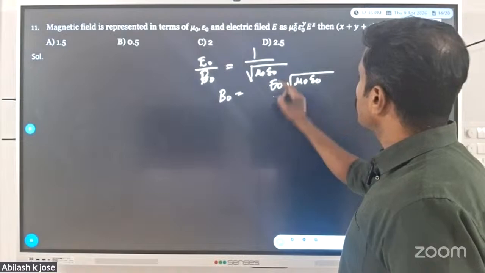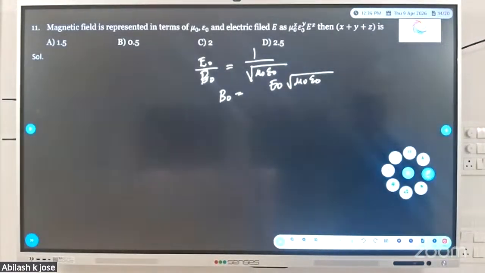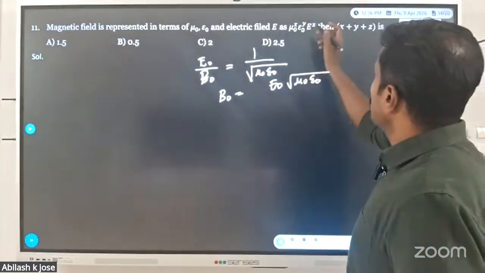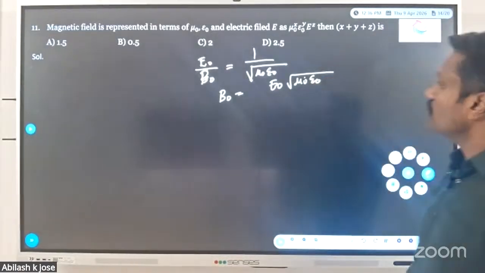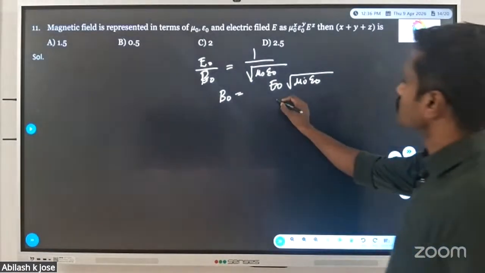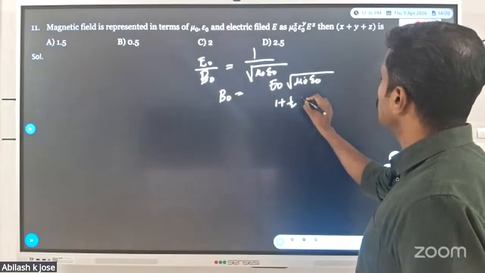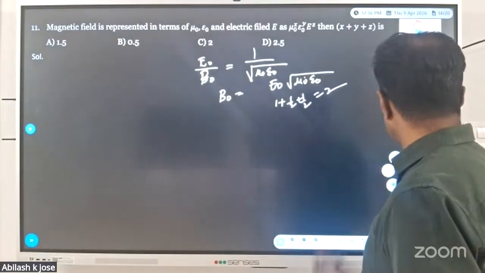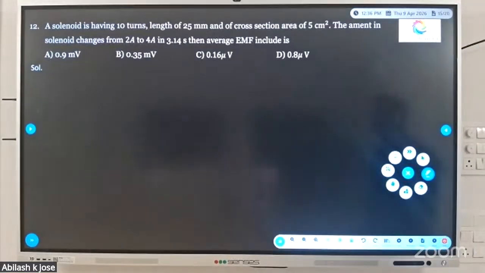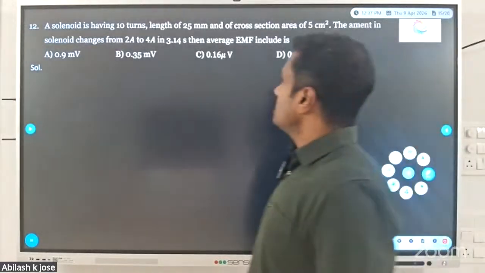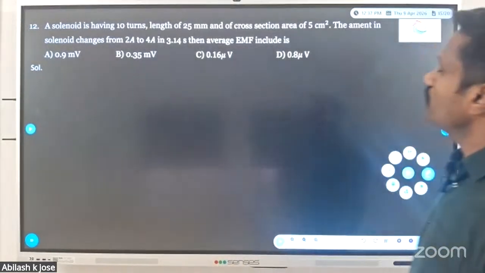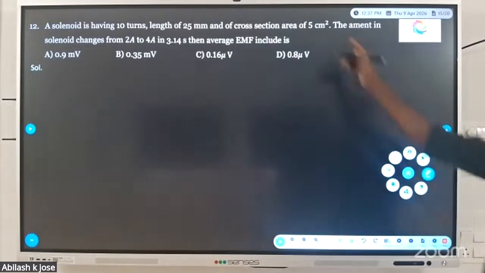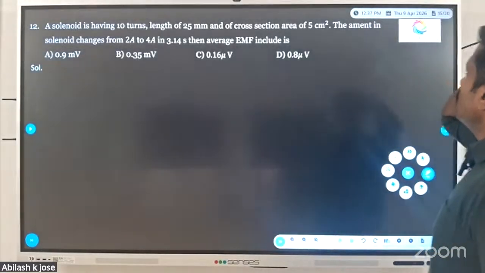So now the power of mu naught is 1, so x equals 1 by 2, z equals 1, and y equals 1 by 2. That is 1 plus 1 by 2.